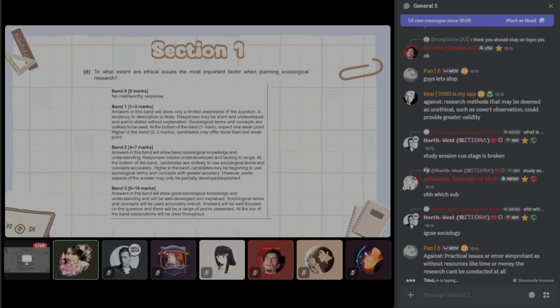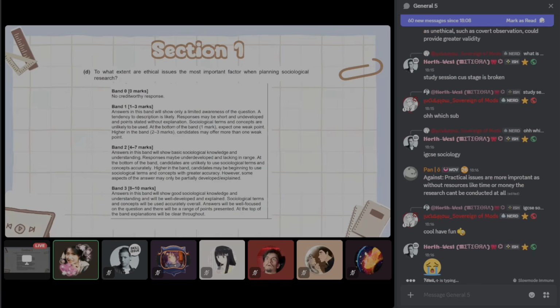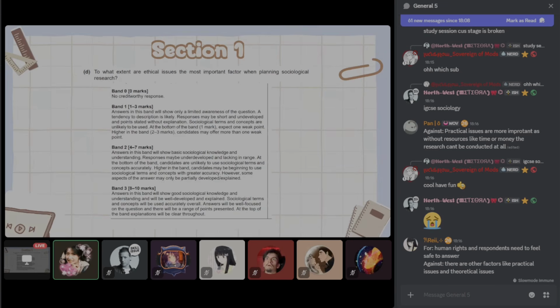Right, so I'm going to show a sample answer of my response, but wait, not yet. Possible answers could be: ethical issues are more prominent in qualitative research as there's more face to face contact.